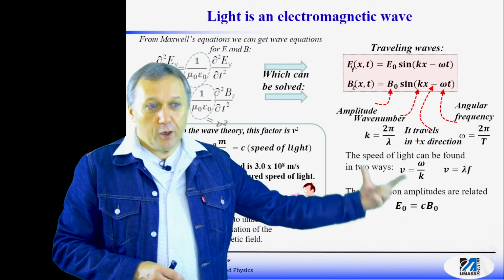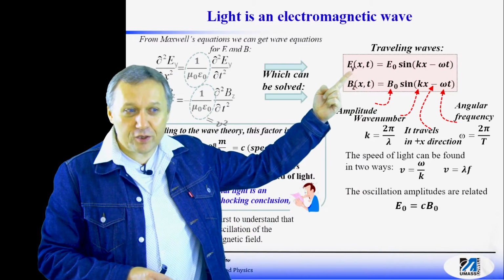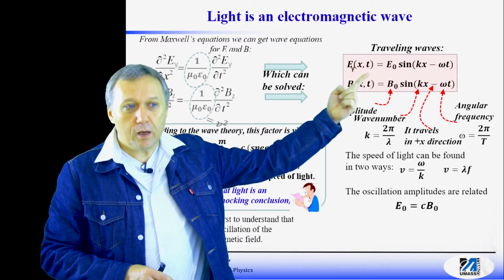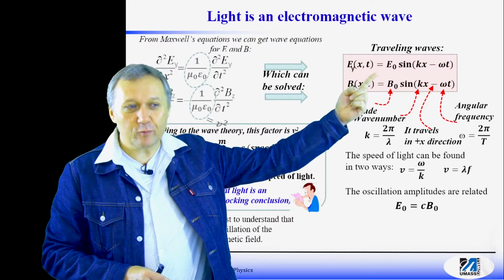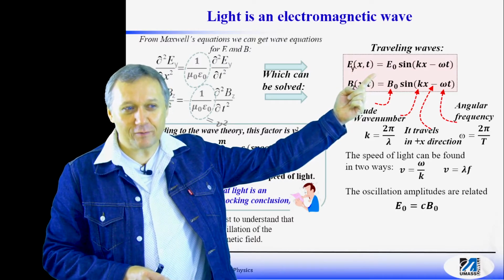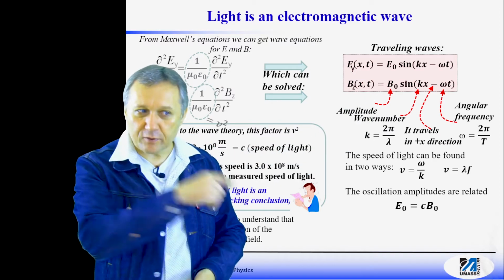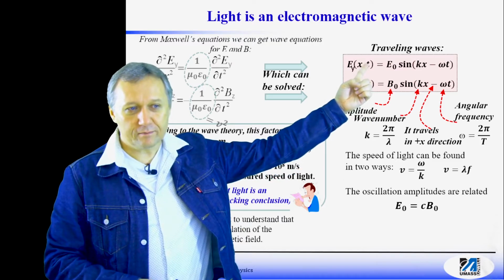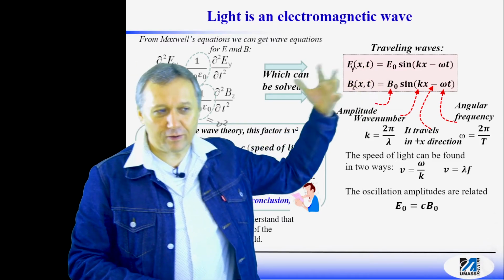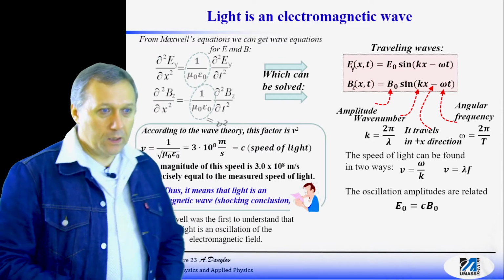So anyway, if you have, for example, this traveling wave, the electric field traveling wave, then writing the second traveling wave is a piece of cake usually, right? If you know everything over here, you can write the traveling wave for the magnetic field easily.